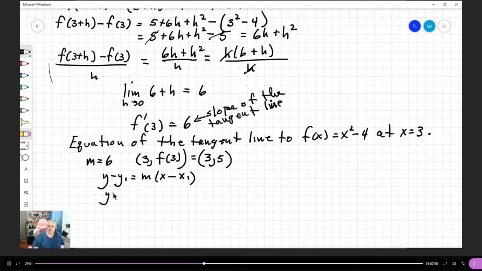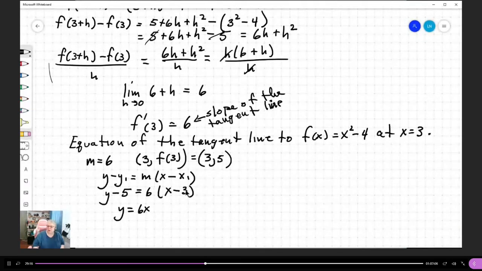So y minus 5 equals 6 times x minus 3. So y is going to equal 6x minus 18, and then I add the 5 over. So minus 18 plus 5 is going to be minus 13.